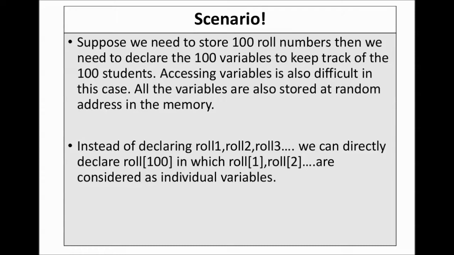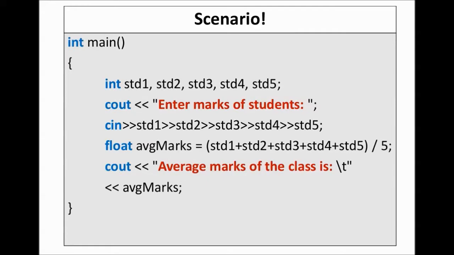So instead of declaring roll1, roll2, roll3, we can directly declare roll[100], in which roll1, roll2 are considered as individual variables. For this scenario, let's start the programming.